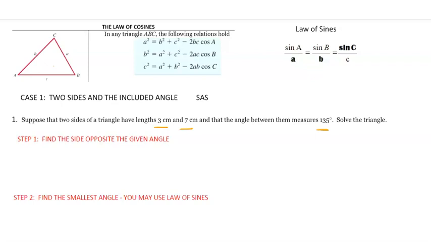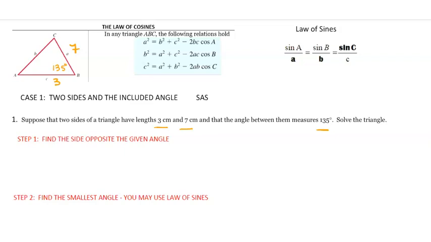So I'm going to put 135 right here at B, and then I'm going to make this A, opposite A will be the 7, and opposite the C will be the 3.